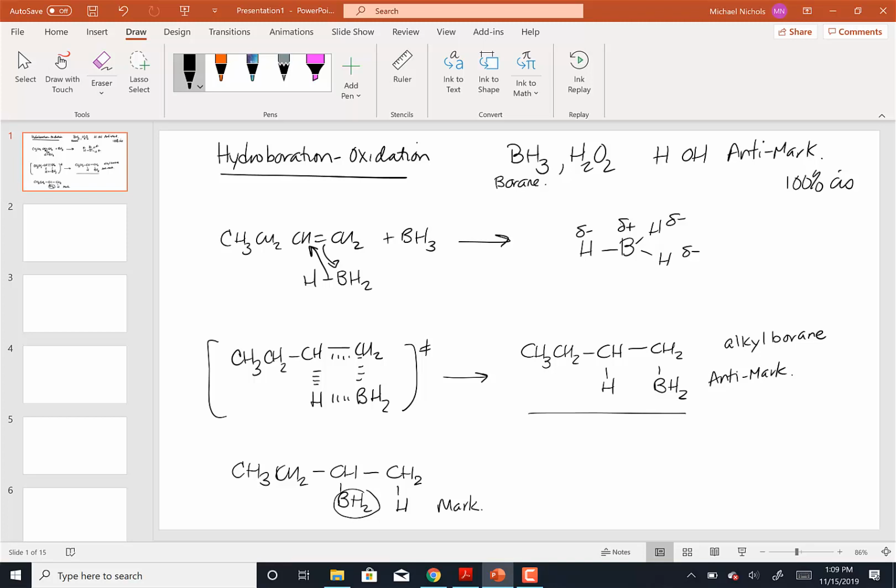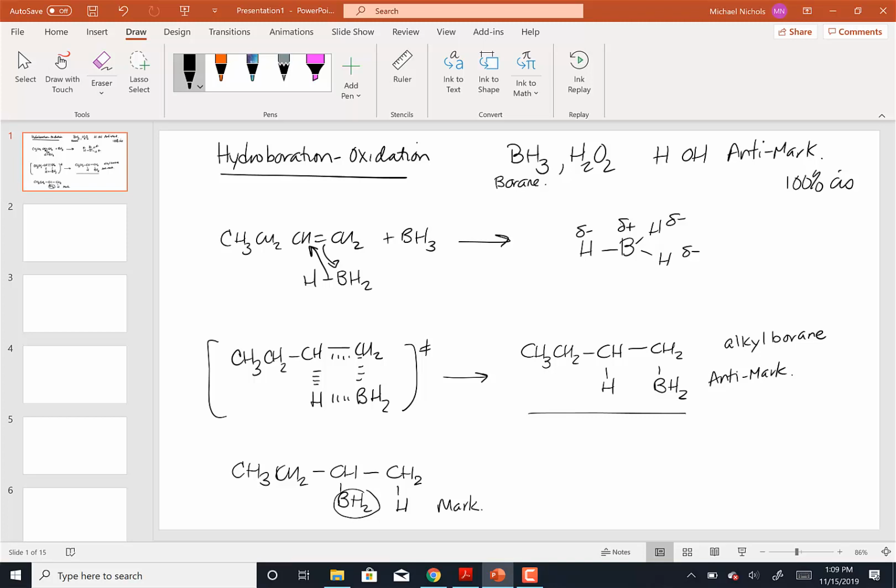But the question is, why does it add that way and it doesn't add Markovnikov? Okay. And the reason that it doesn't add Markovnikov but does add anti-Markovnikov is because of steric hindrance.